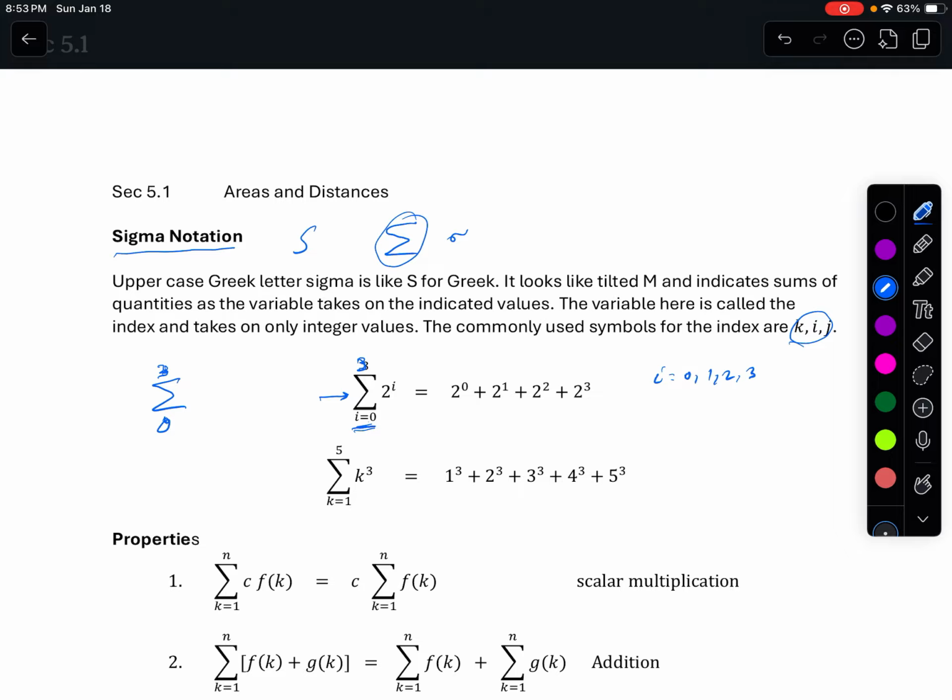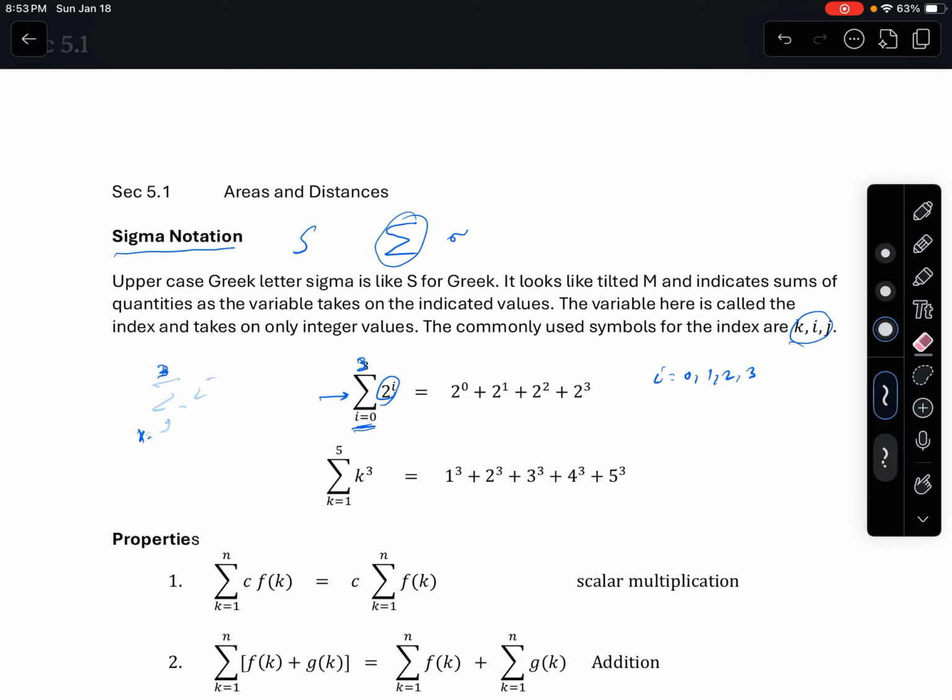Here I am using 2 to the i, but even if I use 2 to the k, it will give me the same result. And if I use 2 to the j, or k equal to 0 to 3, they are all the same. It doesn't matter what index you are using, as long as you use it in all the proper places.